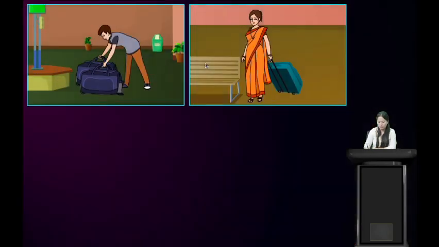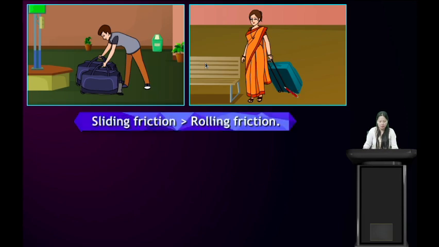So here in these 2 cases, in the first case, the boy is trying to slide the bag. Yes, and in this case, there are wheels on the trolley, so it's rolling. That is why in the first case, the boy is finding it difficult to move the bag, but in the second case, the lady is finding it easier to pull the trolley, because it has wheels, it is rolling, and in the other case it is sliding.